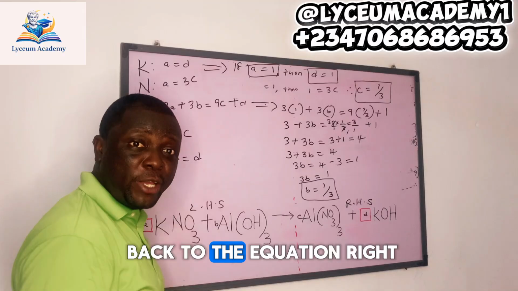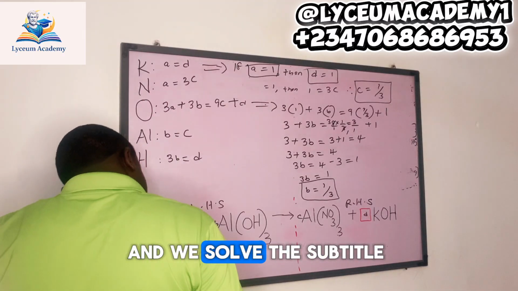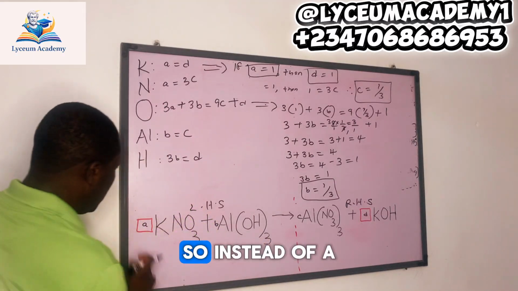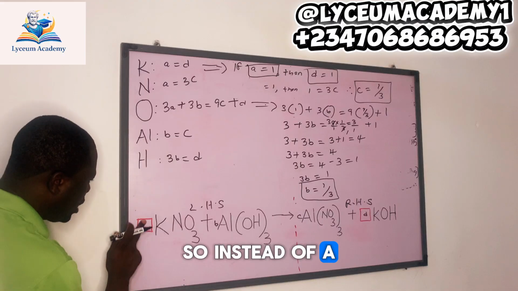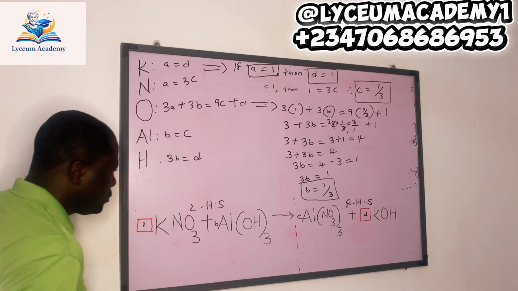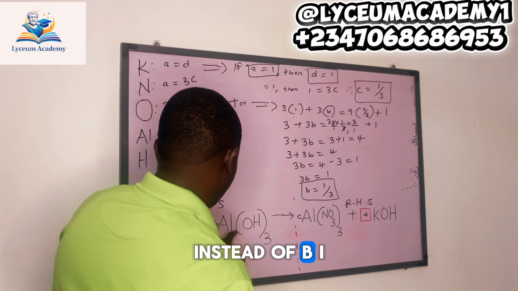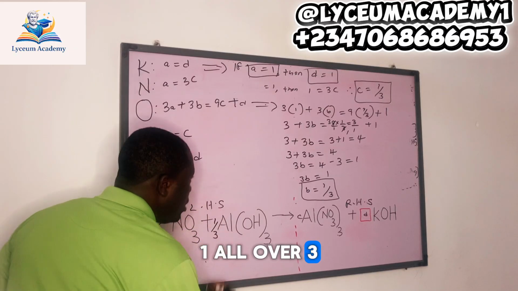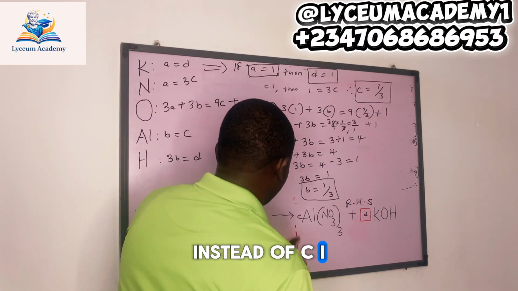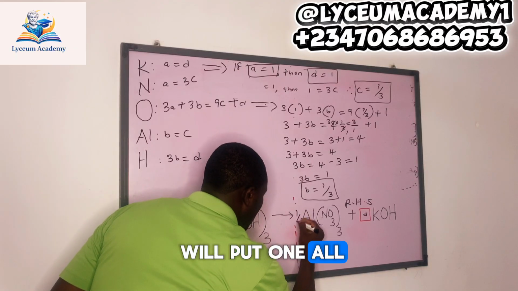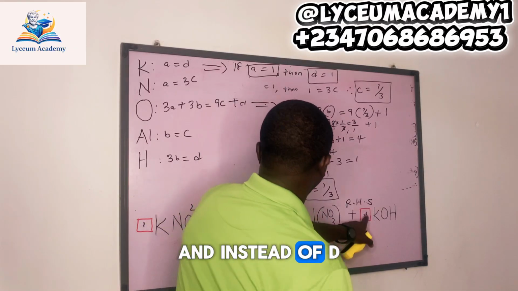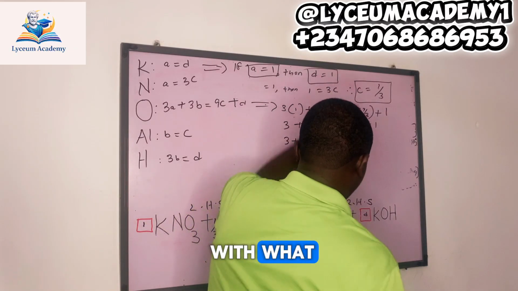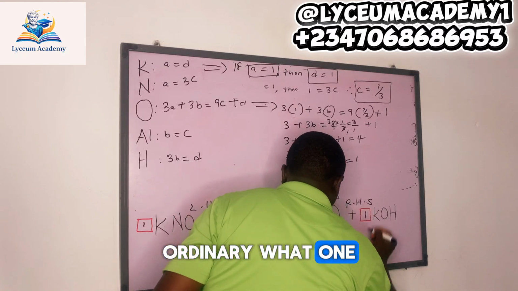So we go back to the equation and we substitute. Instead of A here, I will put 1. Instead of B, I will put 1 all over 3. Instead of C, I will put 1 all over 3. And instead of D, I will replace it with ordinary 1.